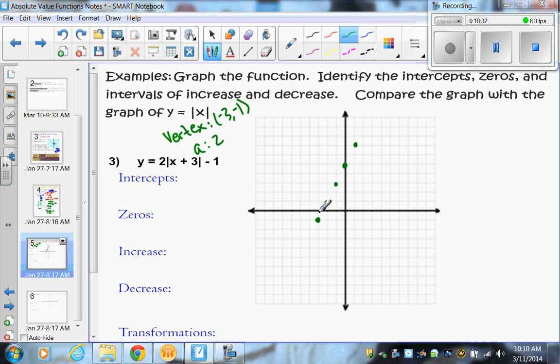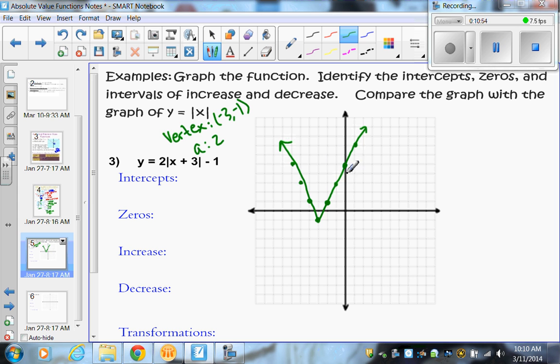And then I'm going to do the same thing to the left, so I'm going to go up 2 and to the left 1. And then I'm going to sketch my graph. Okay, so there's my graph.